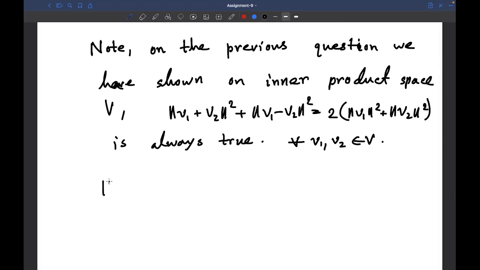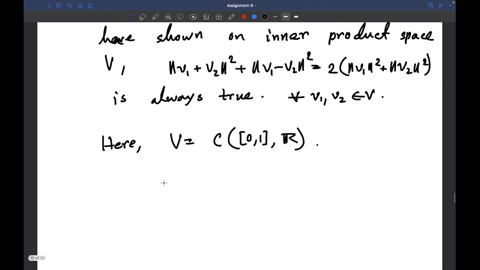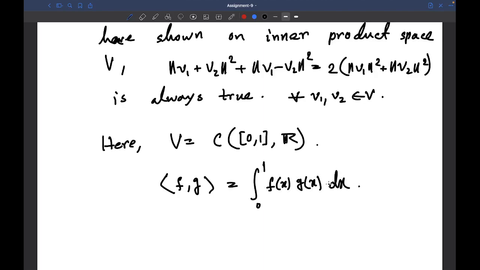Here V is the vector space of continuous functions from [0,1] to R. How is the inner product defined? The inner product of f and g is the integration from 0 to 1 of f(x) g(x) dx.